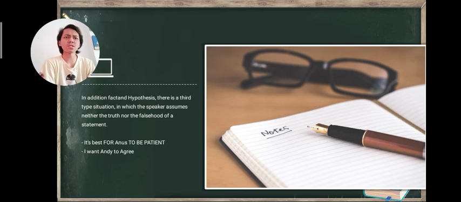We will call this situation neutrality. Examples: it's best for Anais to be patient. I want Andy to agree. In these sentences, we don't know whether Anais will be patient or not, and whether Andy will agree or not, so in this sense, the assumptions are neutral.